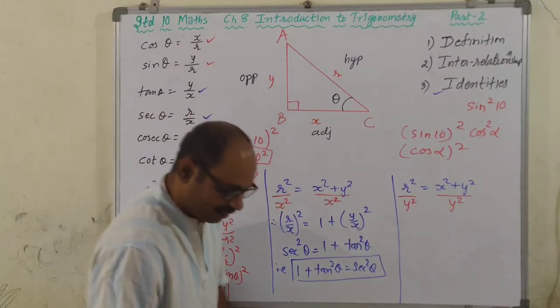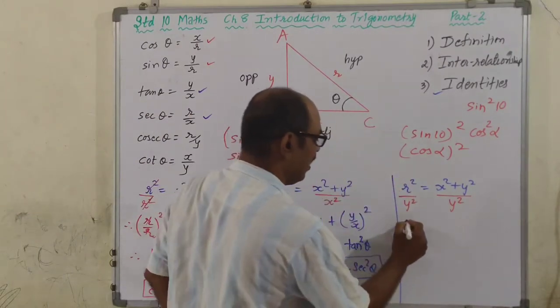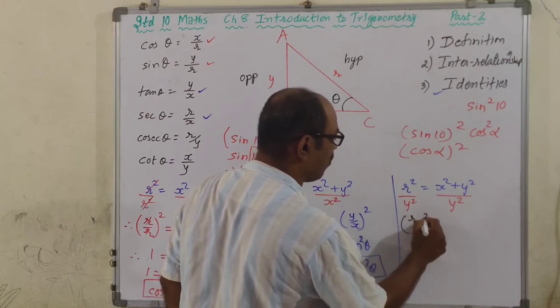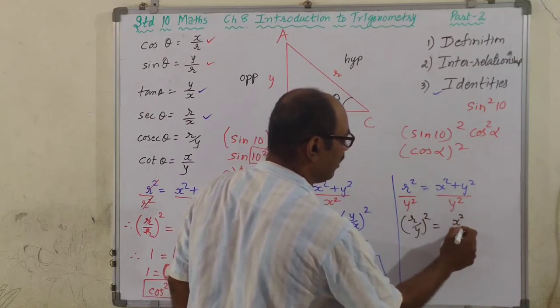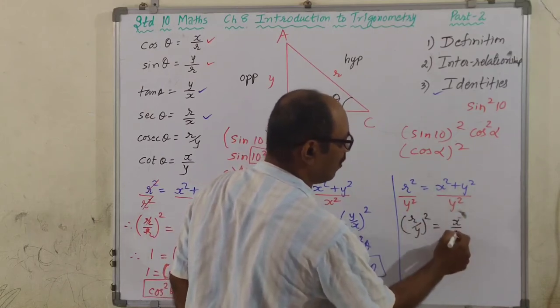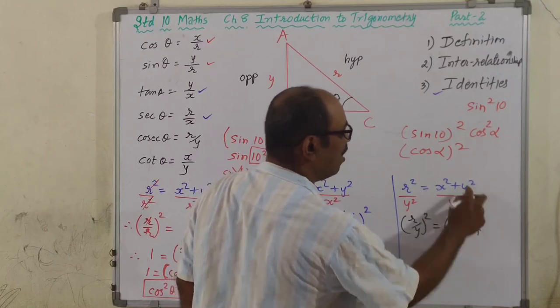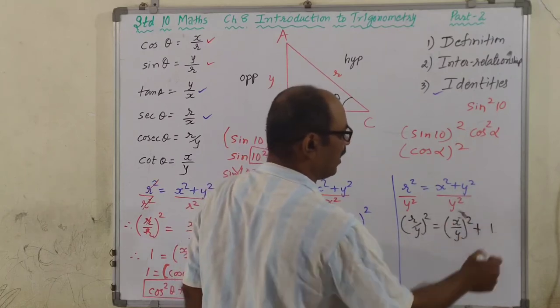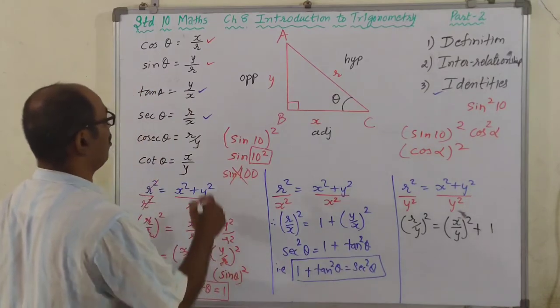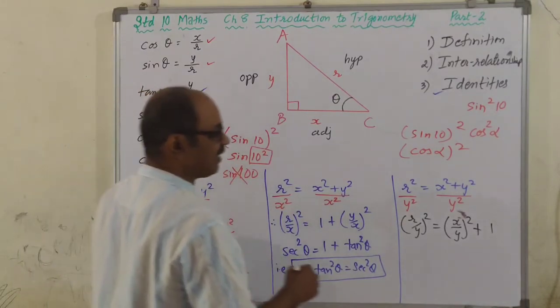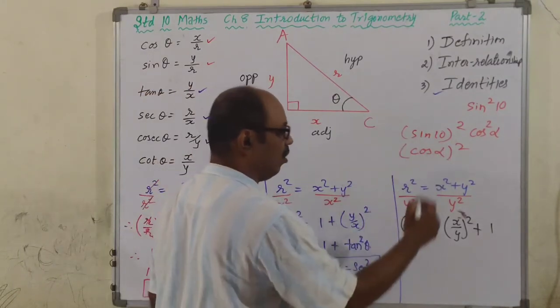Same way you will get the third one. R upon y whole square is equal to x square upon y square, which is x upon y whole square, plus y square upon y square, that is 1. Now what is r upon y? Here it is cosec theta, so this is cosec theta whole square.